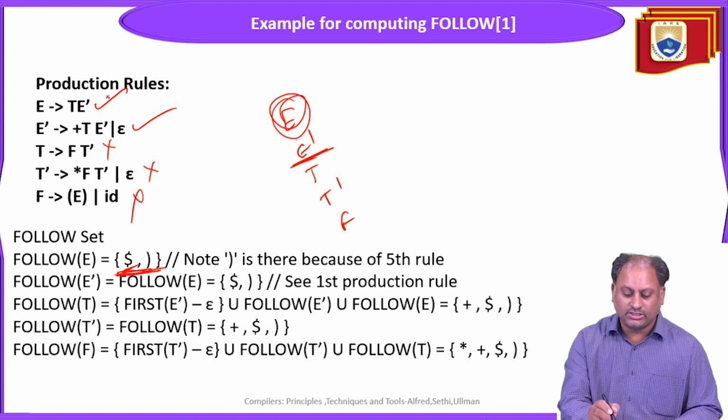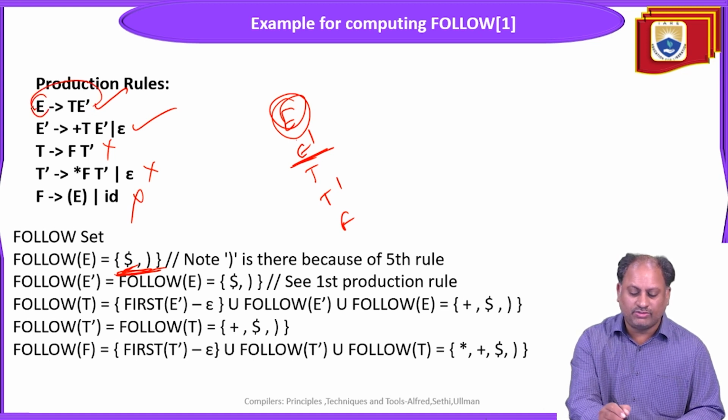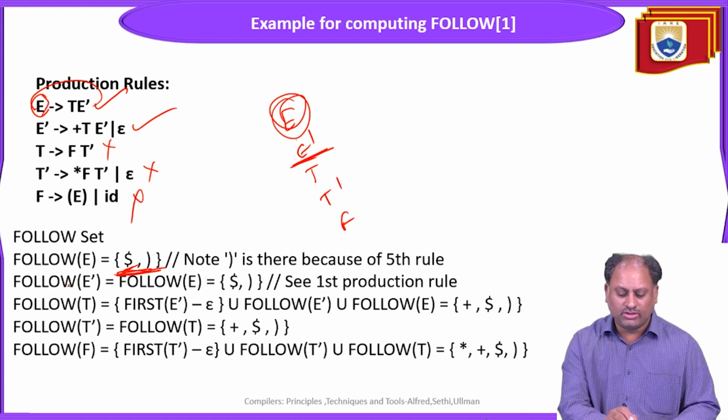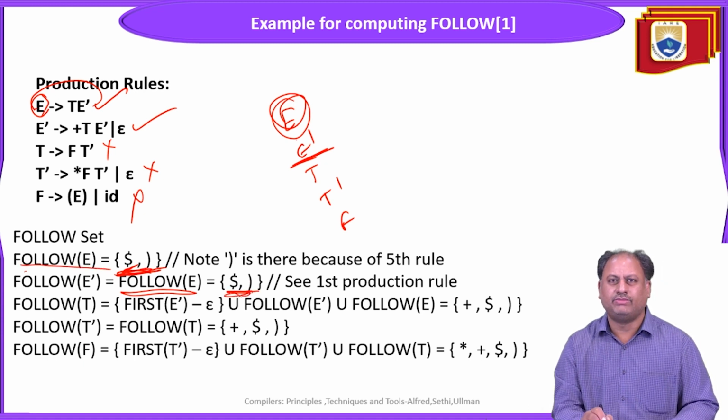Follow of E dash is nothing but follow of E, according to the third rule. Follow of E is already computed, so even if we compute again, we'll get the same result: dollar and right parenthesis.